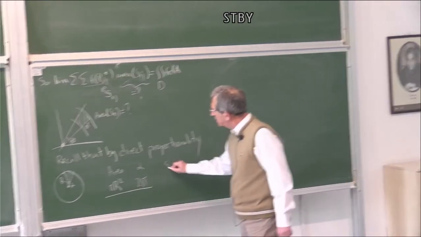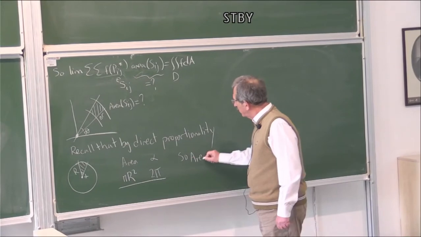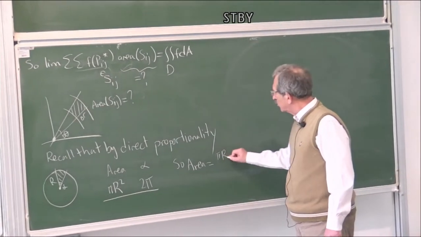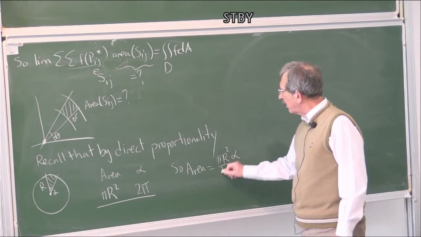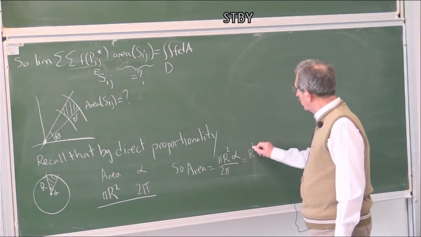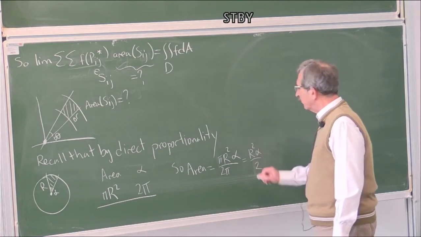So the area becomes pi r squared alpha divided by 2 pi, or just r squared alpha over 2.